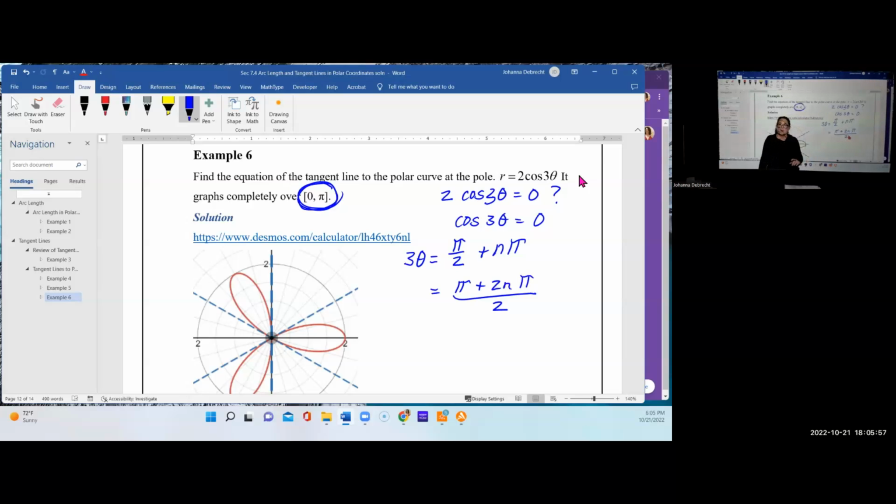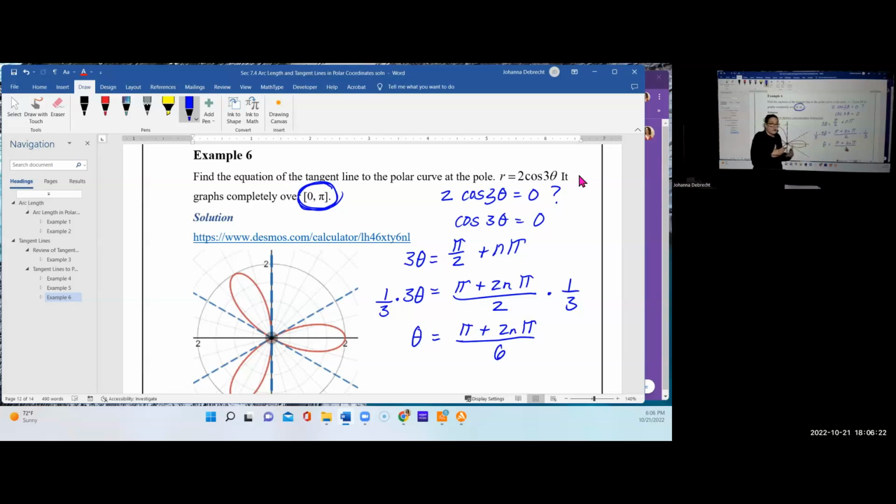Then I want to divide by 3. So I've got 3 theta equal to this. It's the same as multiplying by 1/3. And that's going to put the 3 in the denominator over here and make it a 6. So theta needs to be some value of pi plus 2n pi divided by 6.